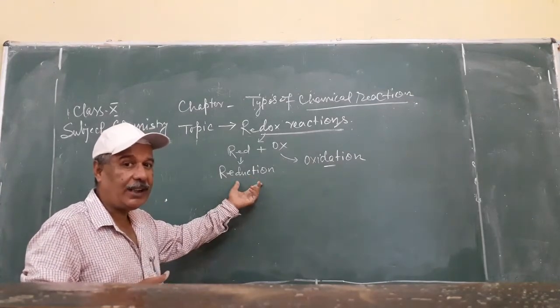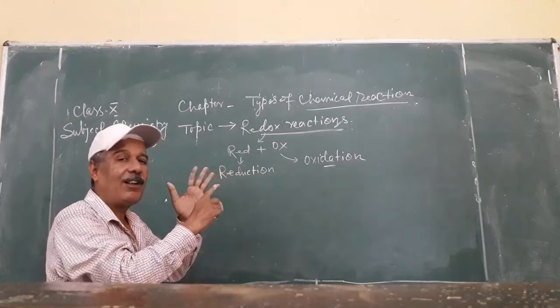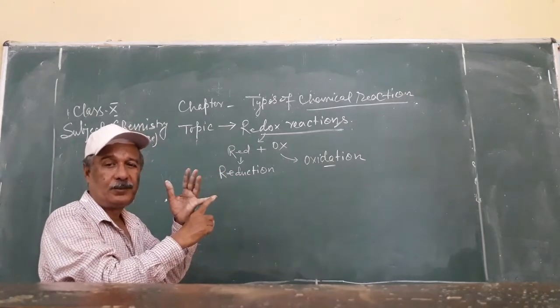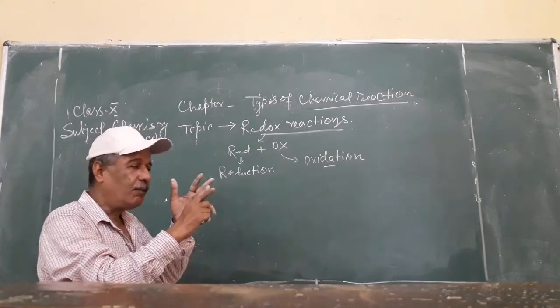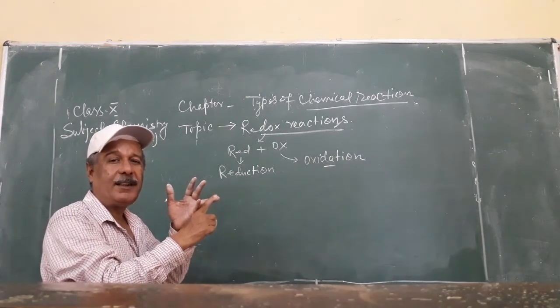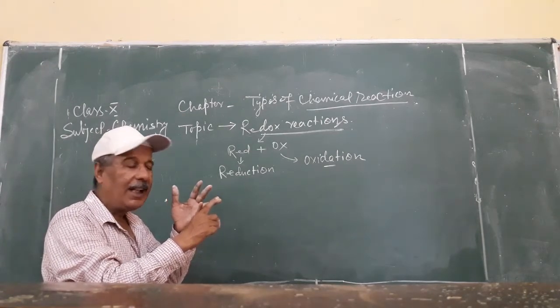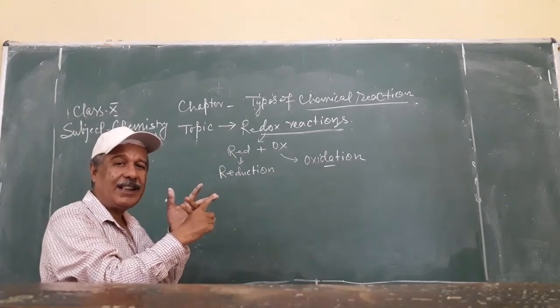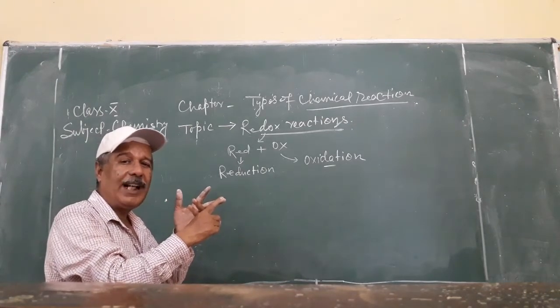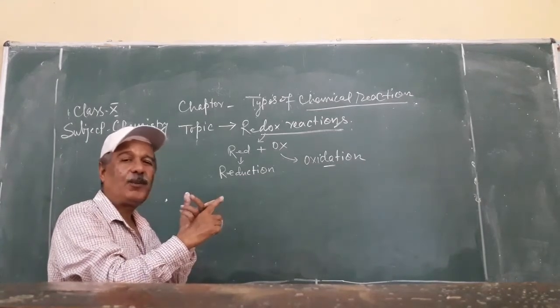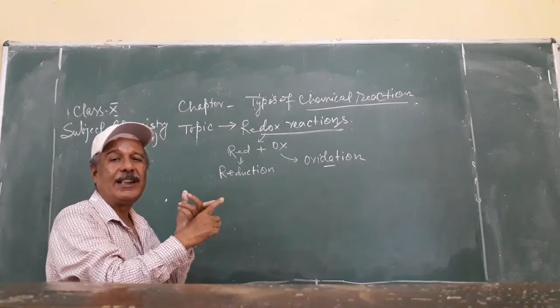That is, here what happens? A release of oxygen. Number 1. Then combination with hydrogen. Number 3. Combination with any more electropositive element or release of any more electronegative element.